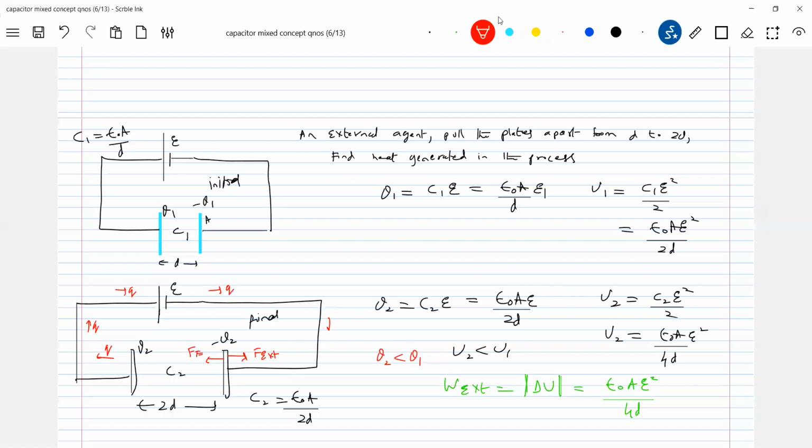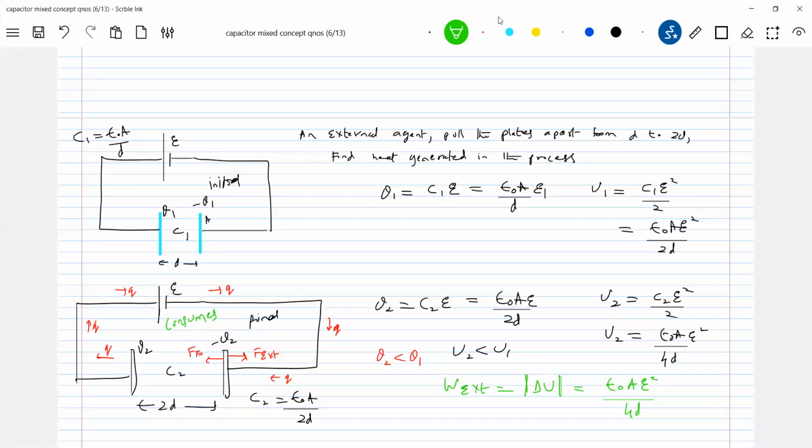Now look at the charge. Charge enters the positive terminal, no? So what does that battery do? It will consume energy. The battery consumes, not supplies, it consumes, it stores.